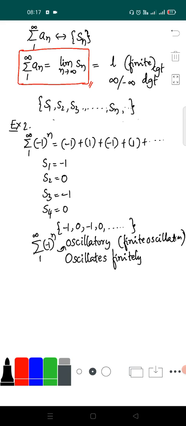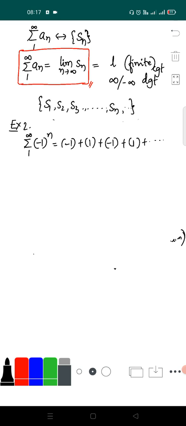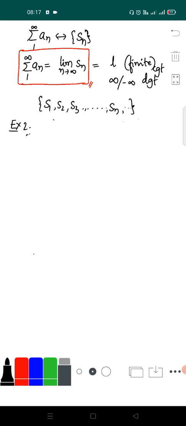We can see another example here. We are going through the examples of how to use the sequence of partial sums to know the behavior of a series. So that is the third example. Here we have the summation from 1 to infinity of 1 by n into n plus 1.